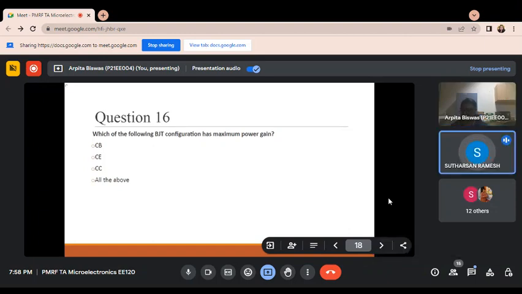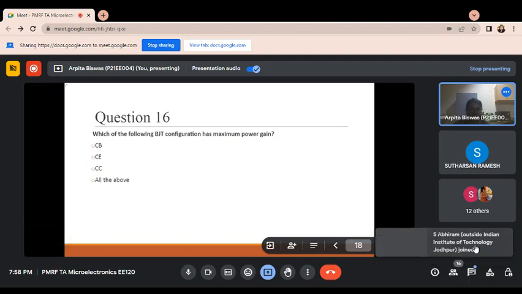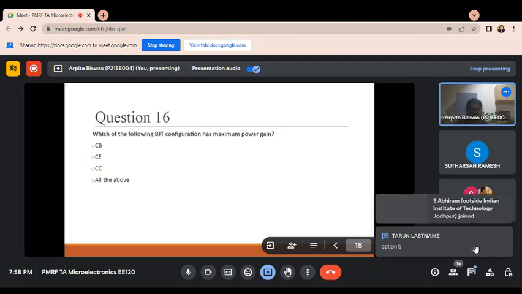Am I audible? Yes, you are audible. Common emitter has more power. Jayashree, what is the right answer? Common emitter. Okay, so the right option is common emitter.